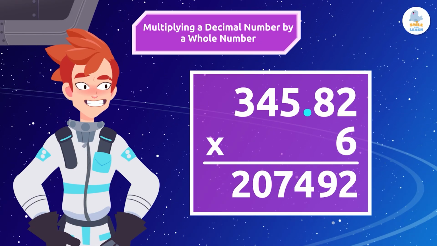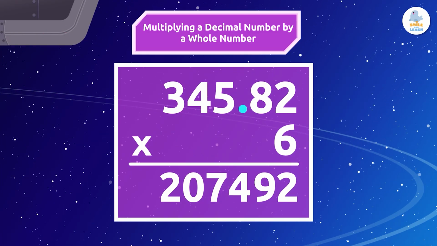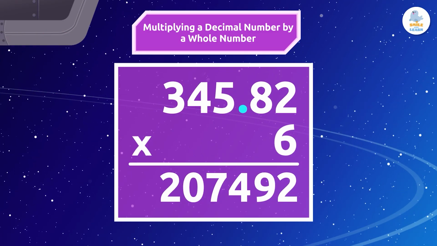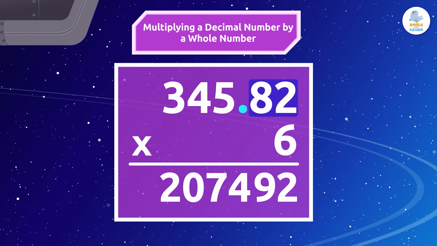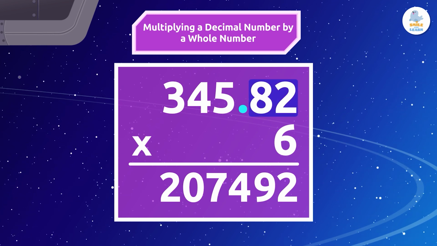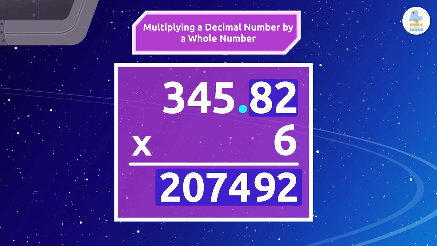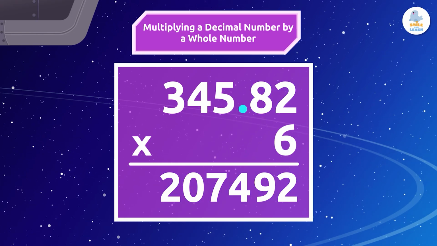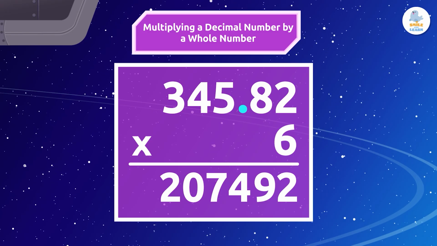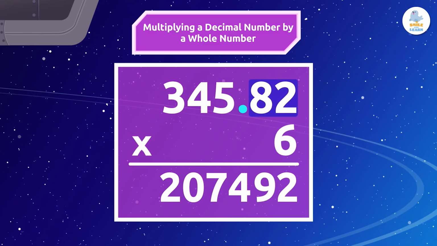Great! Now we have the product, but without the decimal point. To put the decimal point in the product, we count how many decimal places there are in the problem and place the decimal point so that the product has that number of decimal places. Let's count. How many decimal places does 345.82 have? 2, right?